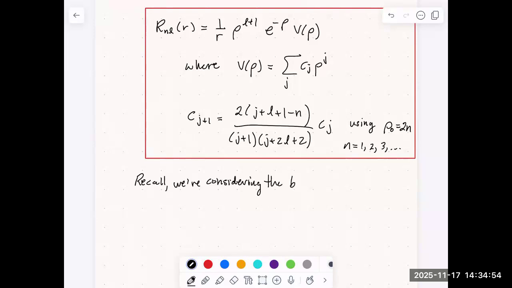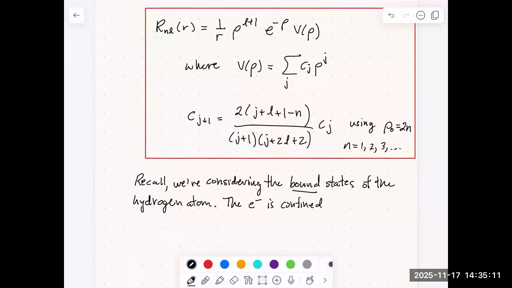the bound states of the hydrogen atom. The electron is, if you like, in some sense confined by the effective potential of the proton.